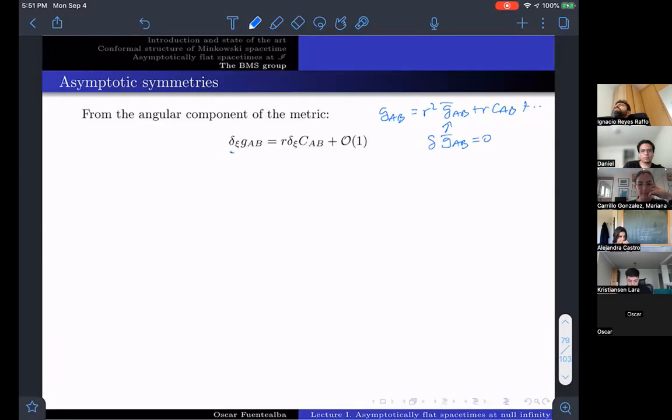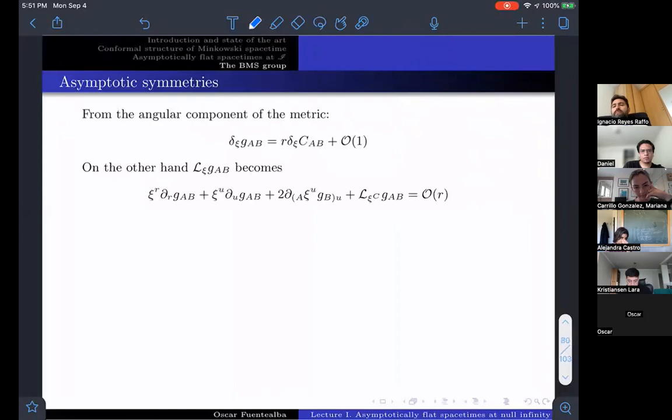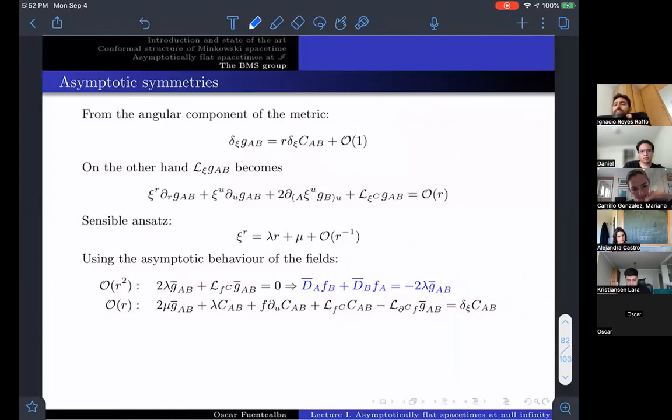This means that the variation of the angular part of the metric must be of order R. One sensible answer would be taking a linear function of the radius, and we can solve to order R squared and to order R. To order R squared, this must be 0, and this implies this equation here.